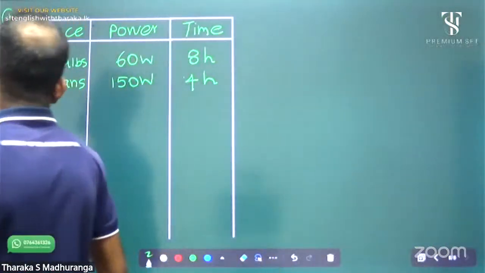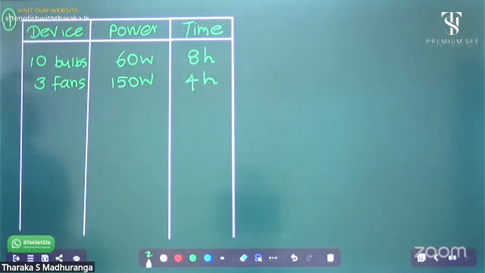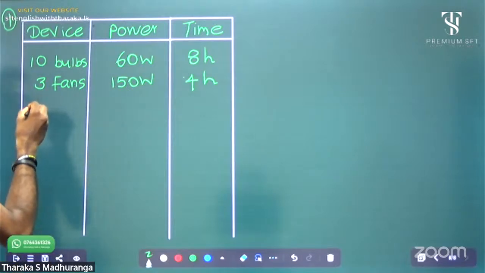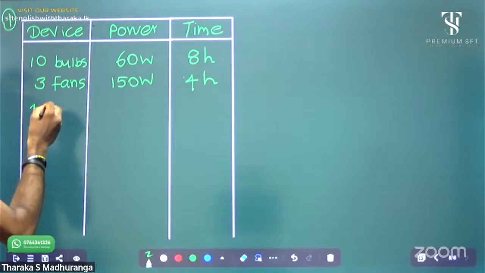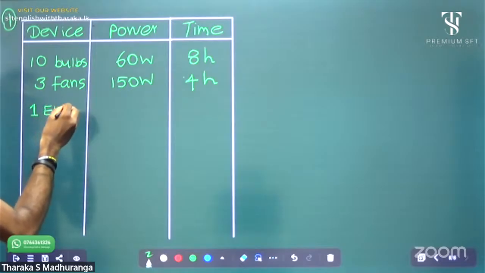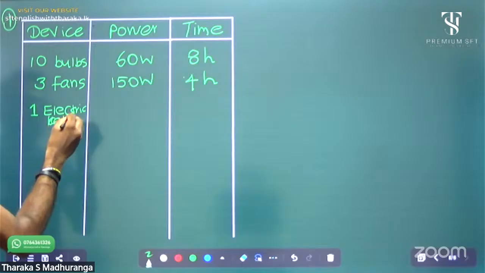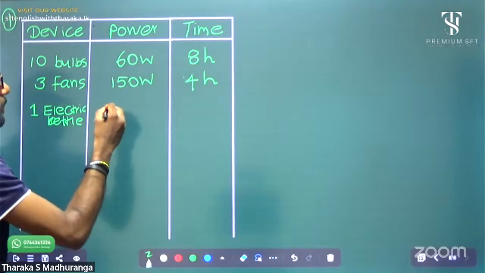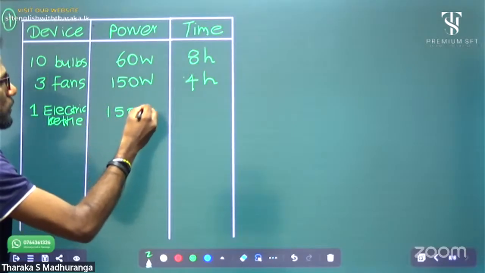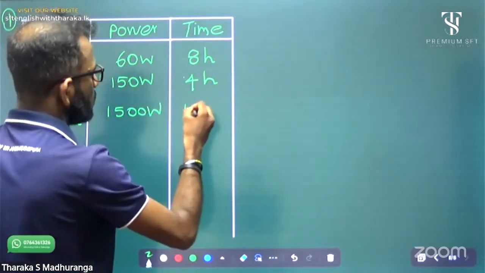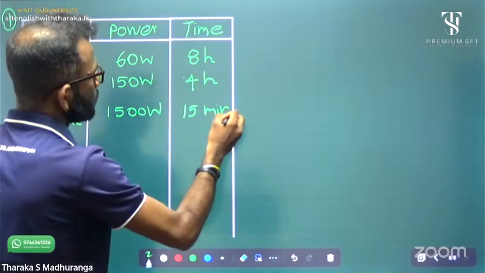And one electric kettle, 1500 watt, used only for 15 minutes per day.